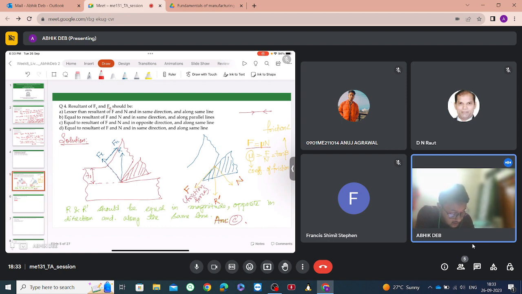R dash can be in this direction also, whatever be the directions. But essentially what should happen is that if this is R, then this should be R dash. That is, they should be equal in magnitude, opposite in direction, and they must act along the same line. Because if R acts along this line and R dash acts along a parallel line, then there will be a resulting moment or couple of the two forces.